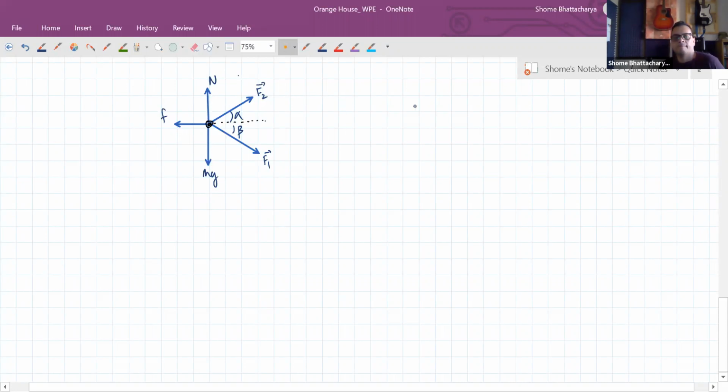Okay. So when we break this into components, you can see that this will be F2 sine alpha. This one will be, sorry, I got the angles mixed up. This one is alpha, this one is beta.